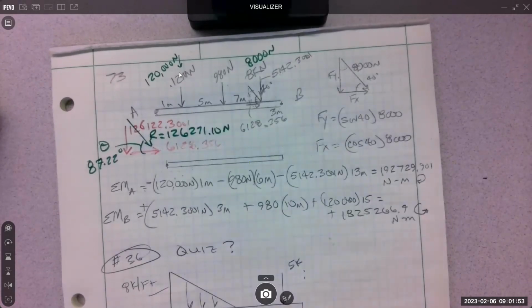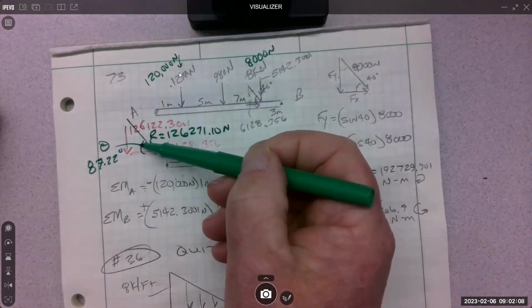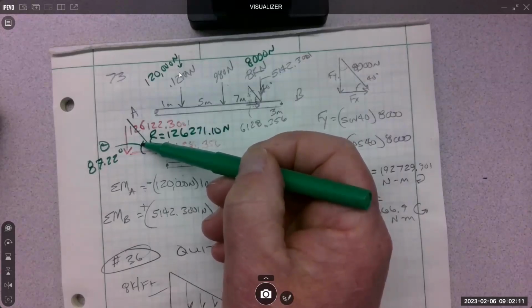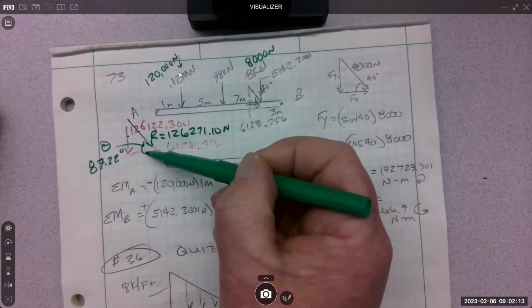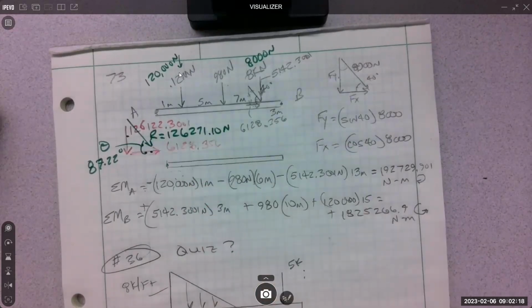And the last thing we'd want to know is where is it on this beam? So it's this angle here. If I did inverse tangent, opposite over adjacent, so it's Y over X: 126,122.3001 divided by 6128.356, inverse tangent.